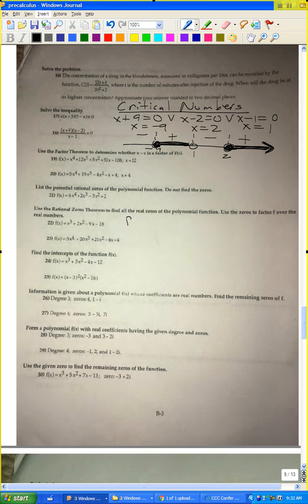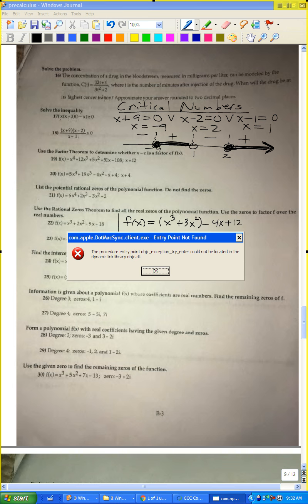So f of x equals x cubed. Let's actually factor this by grouping. x cubed plus 3x squared minus 4x minus 12.